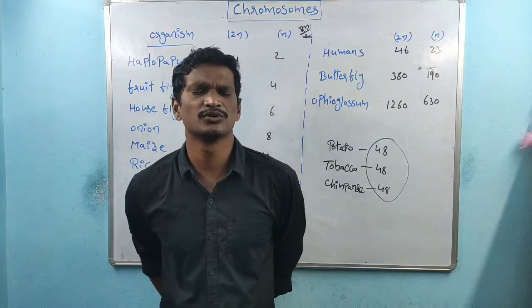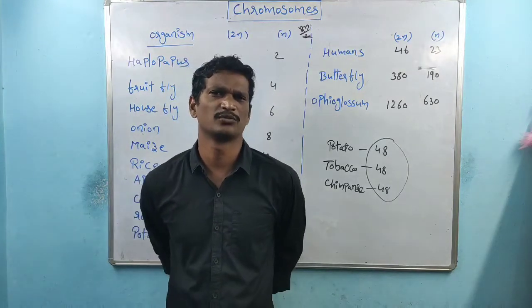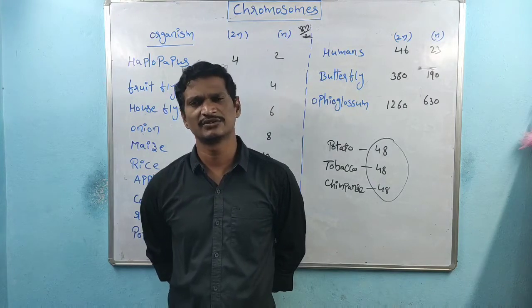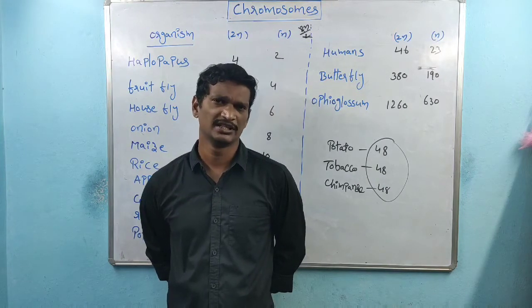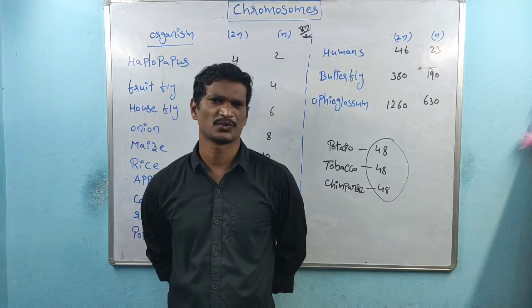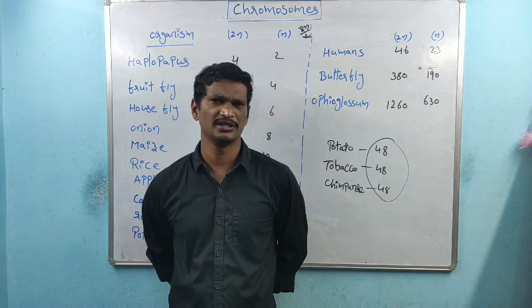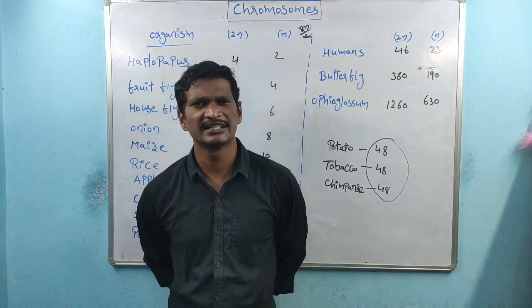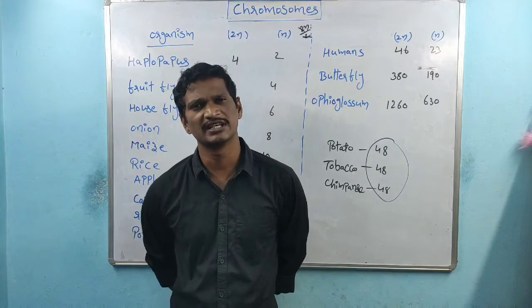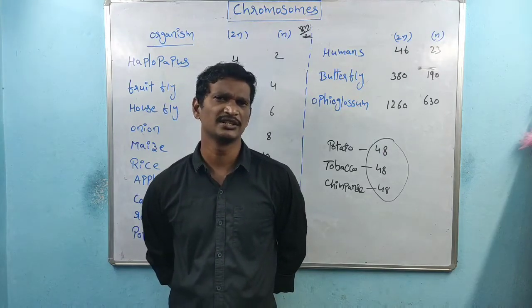Maybe the number of chromosomes is similar, but the DNA the chromosomes contain is different. See, we evolved from chimpanzees, right? But the DNA chimpanzees contain is different from that in humans.